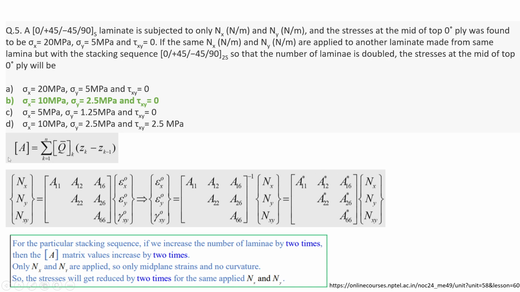Now this A matrix, we know how to find it. For that we need the reduced stiffness matrix and the thickness of all the laminas.